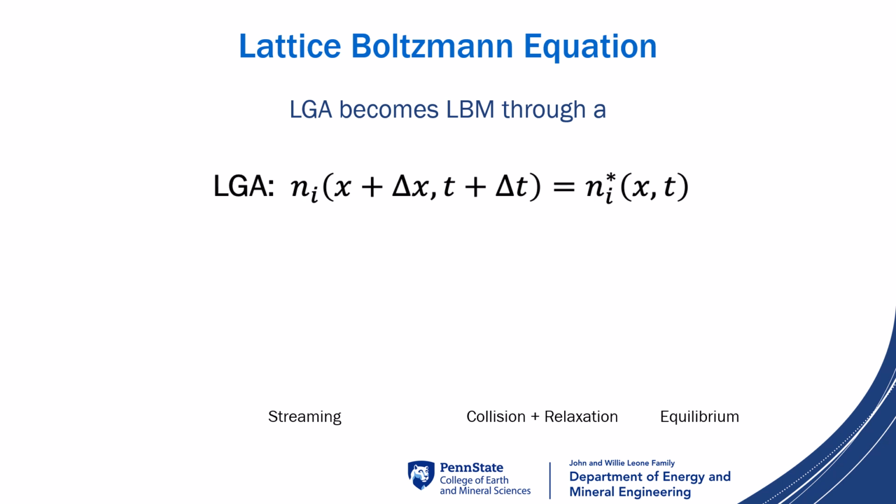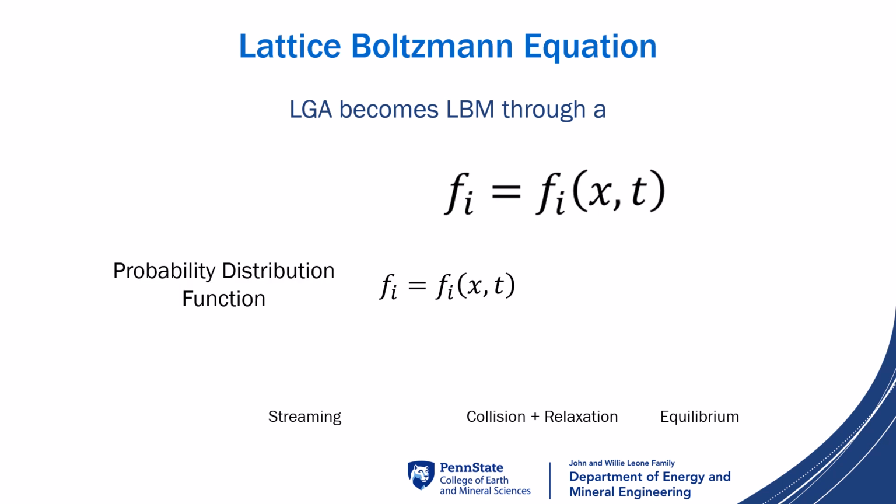The occupancy variable n_i is a Boolean function of position, time, and direction, indicating whether a particle exists in direction i at a given site and time. The collision rules in LGA are designed to conserve mass and momentum, and the result after a collision is represented by n_i star, the post-collision Boolean state.